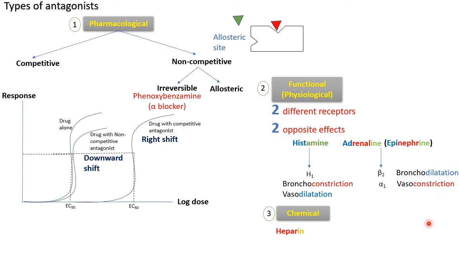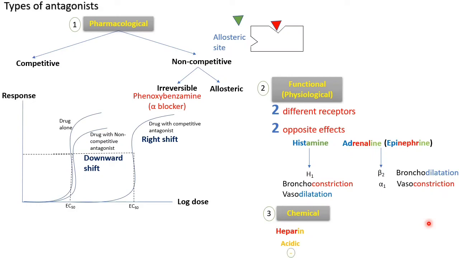Heparin is an anticoagulant drug, a drug that prevents the formation of blood clots. If there is a toxicity from this drug, we would have bleeding. Okay? So if we have bleeding, we can give a drug that is called protamine.